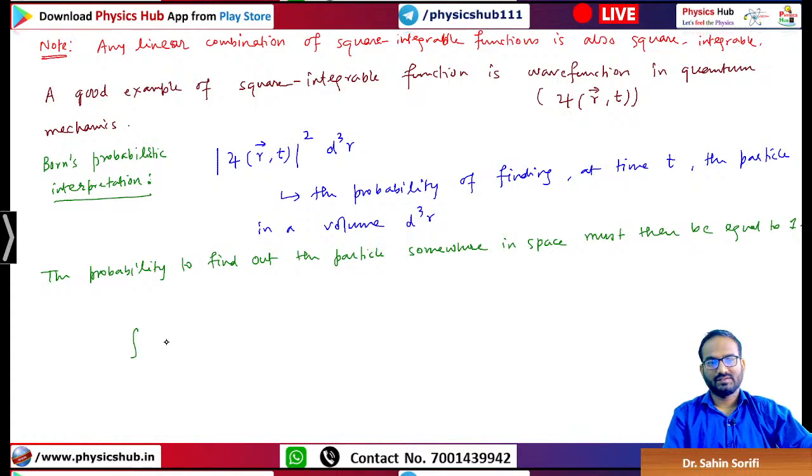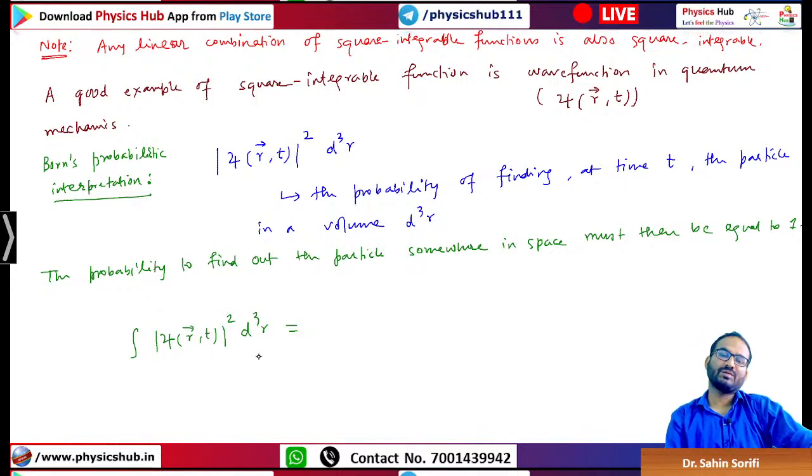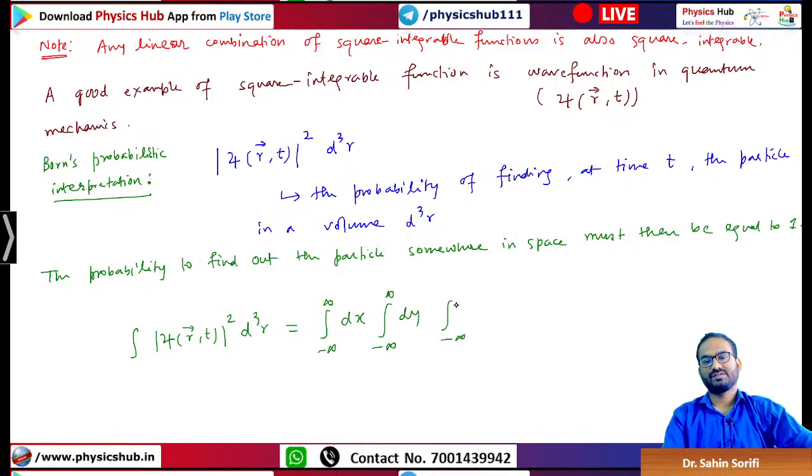That is, the integral of mod of psi of r, t whole square d cube r equals 1. This is in 3 dimensions, and d cube r consists of dx, dy, dz. So we can break it up: we scan from minus infinity to plus infinity in x, minus infinity to plus infinity in y, and minus infinity to plus infinity in z. This whole thing is precisely d cube r.